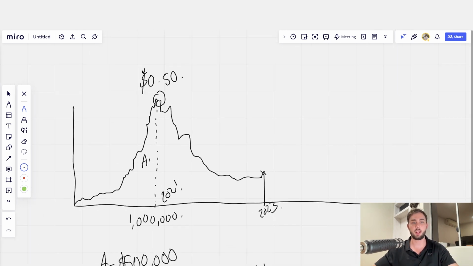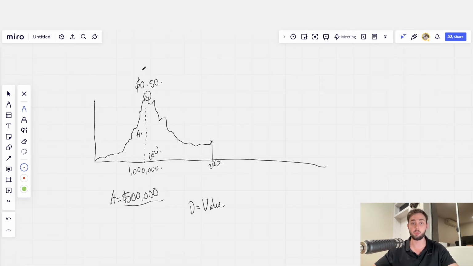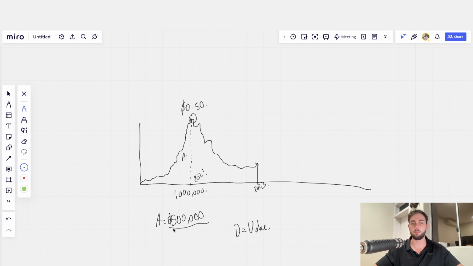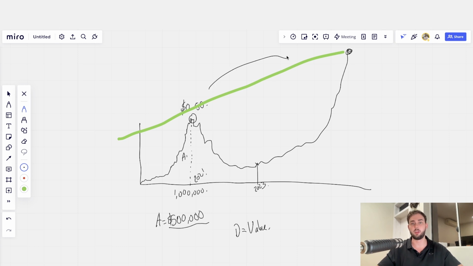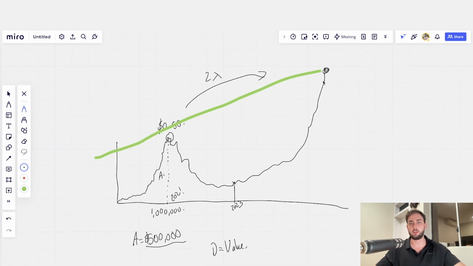So if we now use this assumption, as I said, this is a micro cap project, $500,000, but because my maths is limited, we're going to say this is going to 2x, okay? We're going to say it's going to 2x, and over in 2025, it's going to hit this. Let's just, again, assume this is a 2x increase, and let's drop this down and say this is 2025.